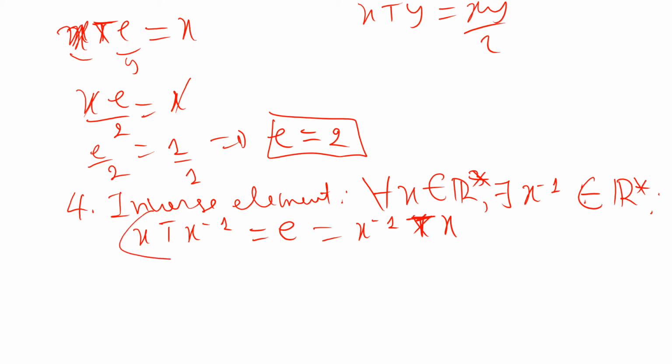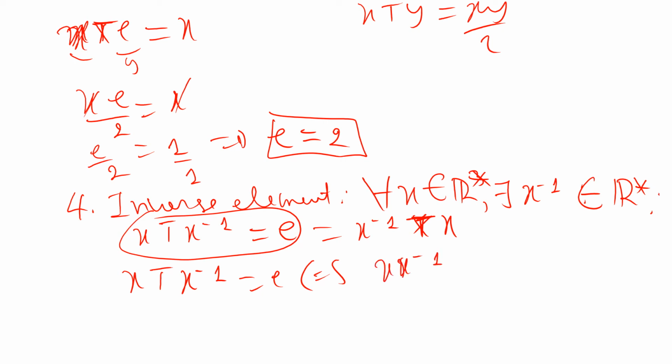Now let's do this one here. x T x negative 1 is equal to e. I will apply the definition here. It is x x negative 1 over 2, which is equal to 2, because our identity element is equal to 2.